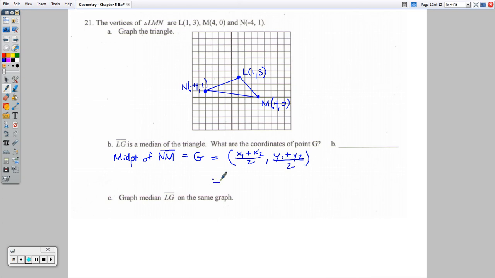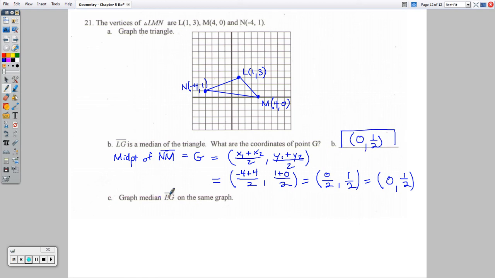So we would have negative 4 plus 4, and we would also have 1 plus 0. That's going to equal 0 over 2 and 1 over 2. So the coordinates of G would be 0 and 1/2 or 0.5. So G's coordinates are 0 and 1/2.